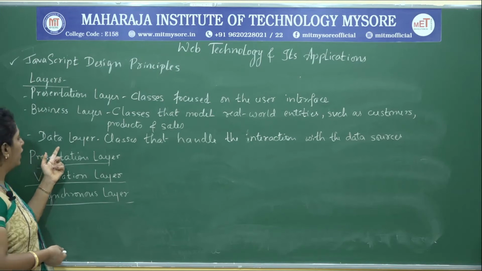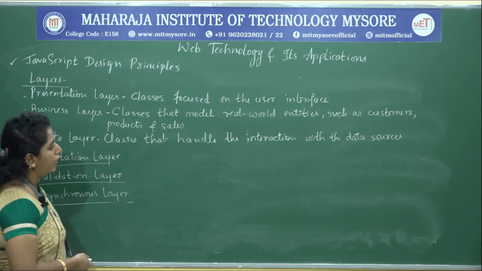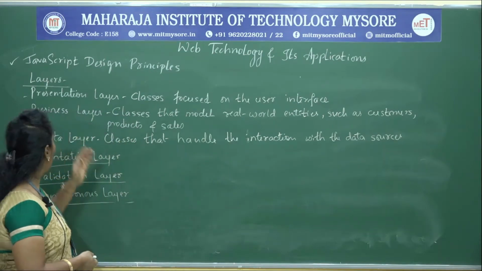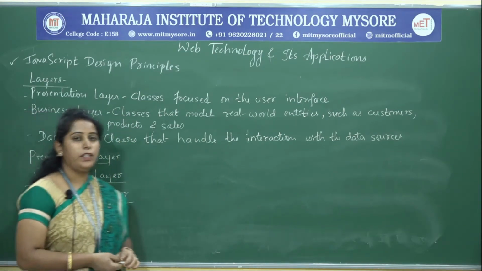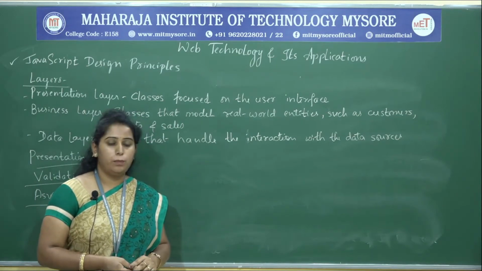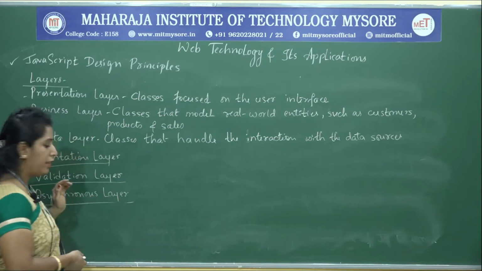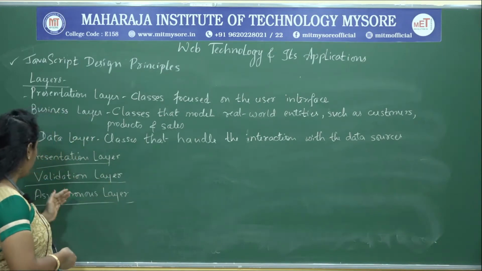Next one is data layer, classes that handle the interaction with the data sources. So all these layers can be used in order to develop a conceptual model. Let us move in detail into these layers.